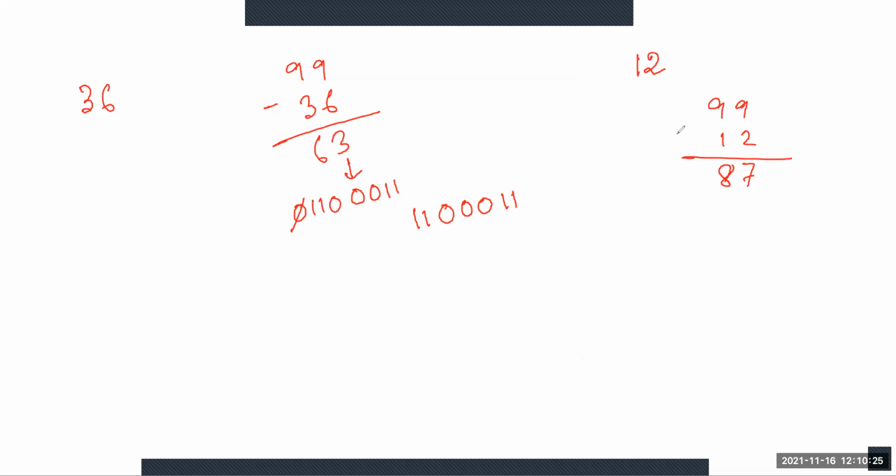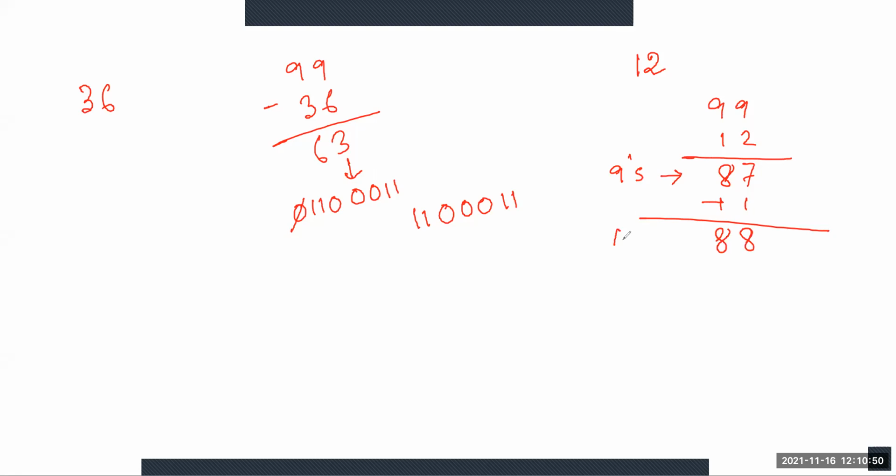Okay, so this is the nines complement. Now our aim is to get the tens complement. To get the tens complement, just add 1. So this is 7 plus 1, 8, and this is 8.